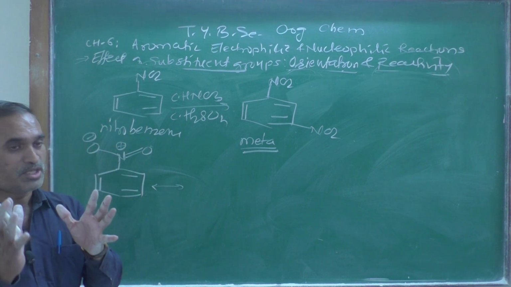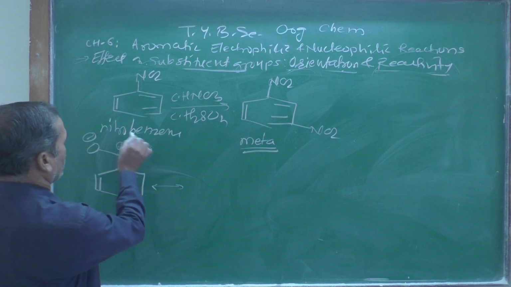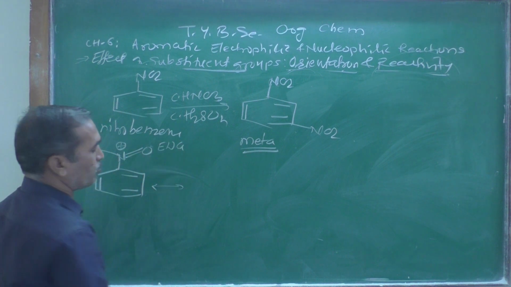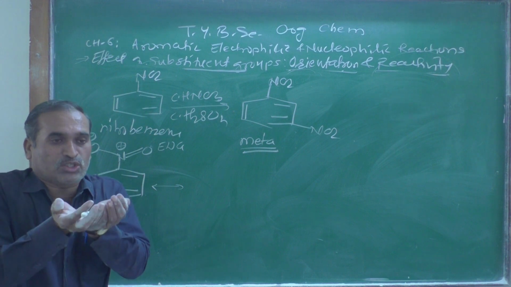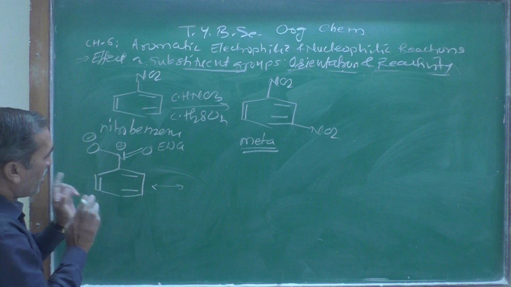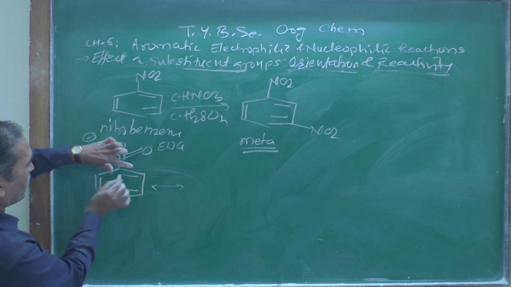Now see the resonating structure. In the previous case we know that this nitro group is an electron withdrawing group. Electron withdrawing group means it withdraws electron density from this benzene ring. Now this benzene is nucleophilic in nature, with carbon-carbon double bonds.